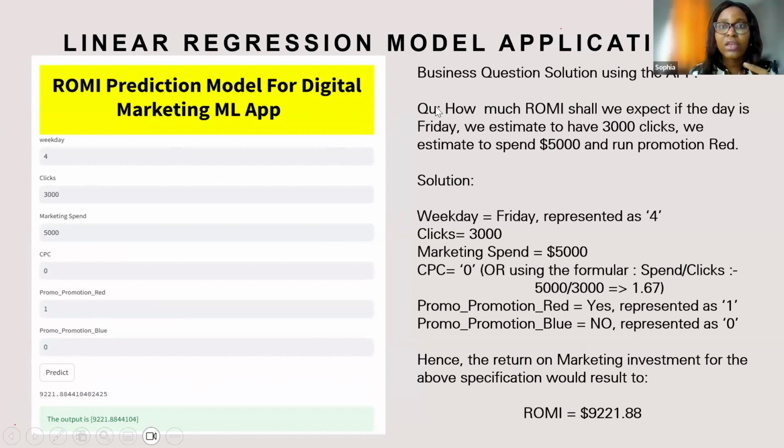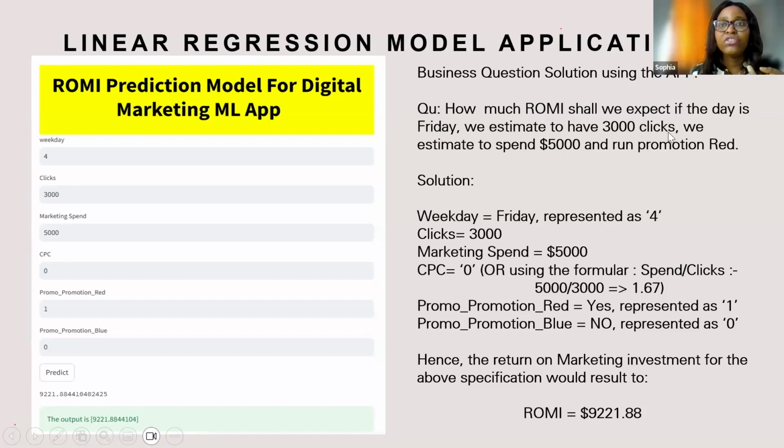So the question was how much roaming. The business question was how much roaming, which is how much return on marketing investment shall we expect if the day is Friday, and we estimate to have 3,000 clicks.